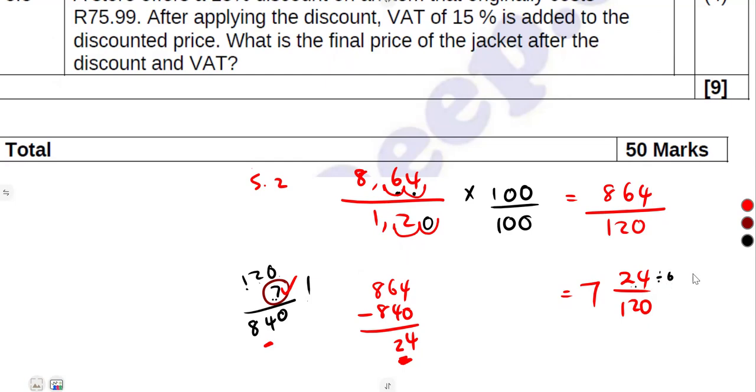By 6, 24 divided by 6 is 4, and 120 divided by 6 is 20. Then we divide by 4. 4 divided by 4 is 1, and 20 divided by 4 is 5. So that gives us 1 over 5. So it means we've got 7 and 1 over 5.